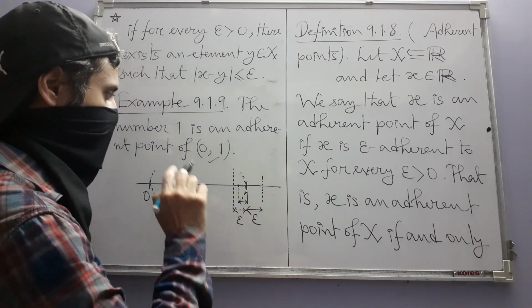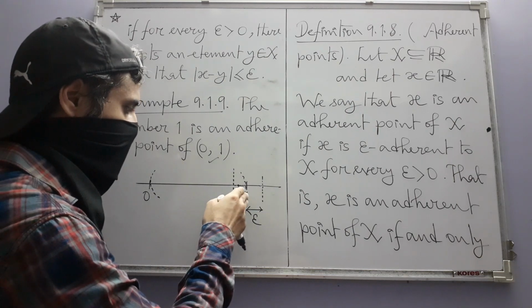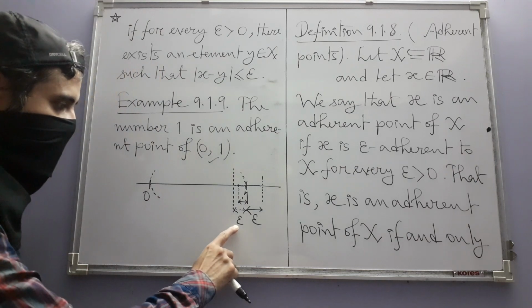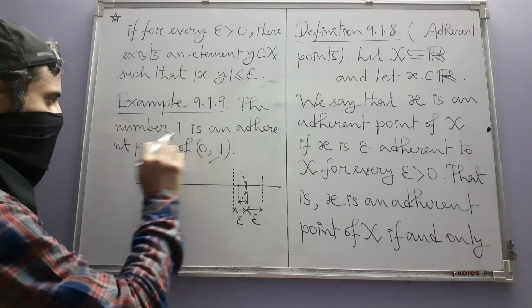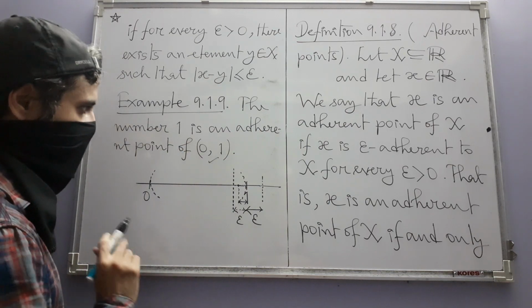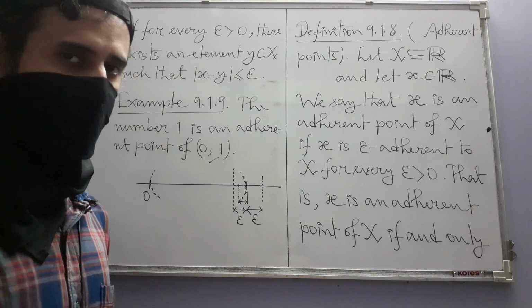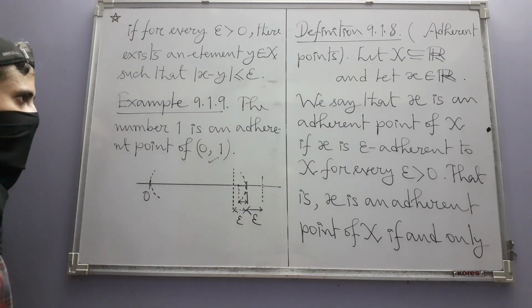That's why you will continue to have points from this set that are closer and closer to 1, always beating that epsilon distance. And that's why 1 is an adherent point of (0, 1). You can of course show this analytically, algebraically, but I am not going to do that. The understanding is more important right now.